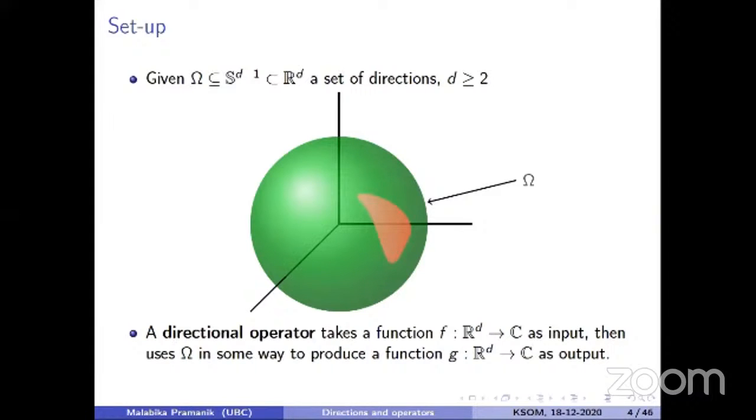A directional operator takes a d-variate function f as input and then uses omega in some way to produce a function g as output. Of course, there are any number of ways in which capital omega can be used in the construction of the output function g. Let me give two examples, which will also set the stage for the remainder of the talk.